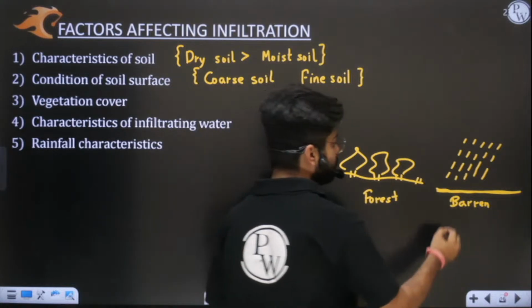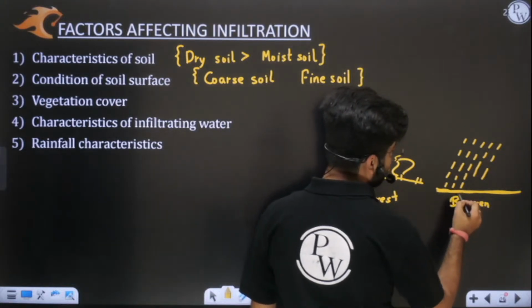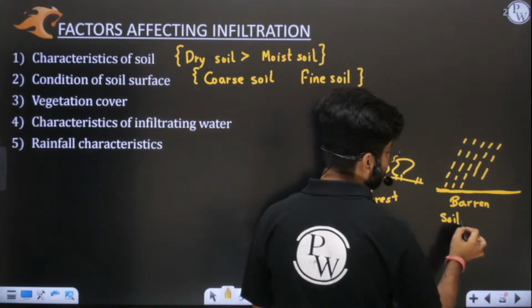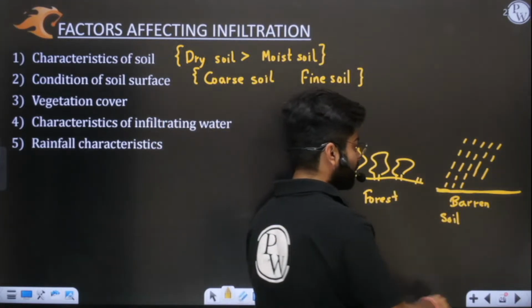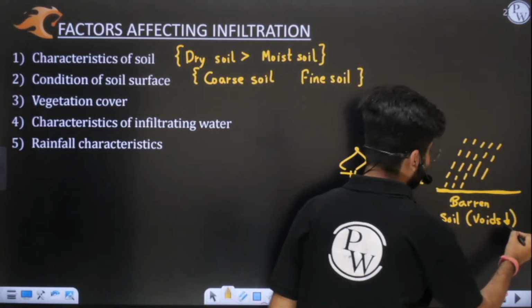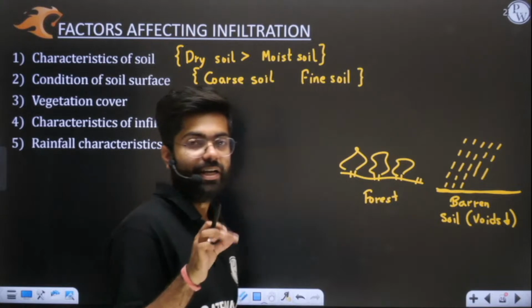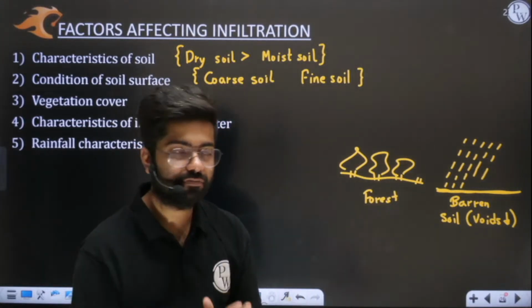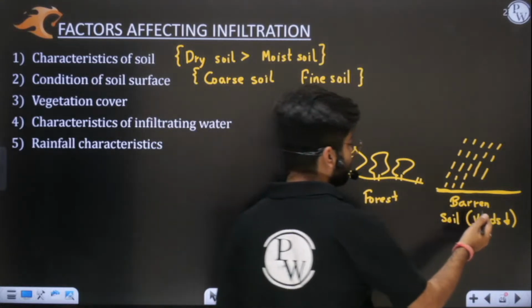Because of this impact, the soil will get compacted. Yes or no? Soil compaction will be there, and because of this the voids will get smaller. Because of the raindrop impact, the soil gets compacted, and because of this compaction the voids decrease.